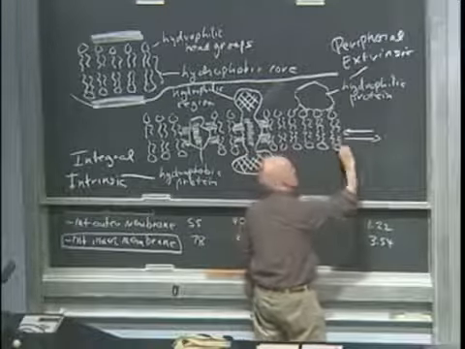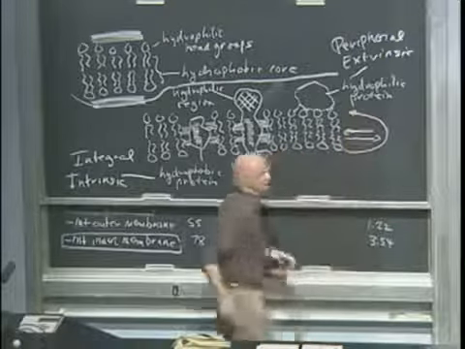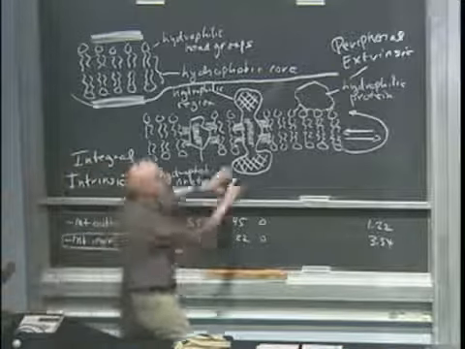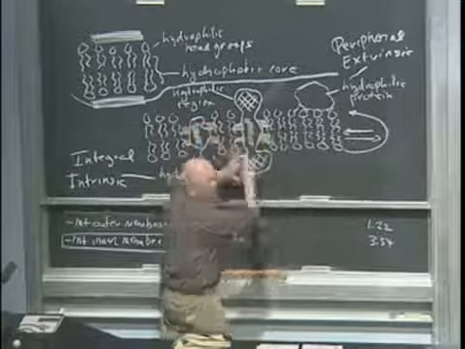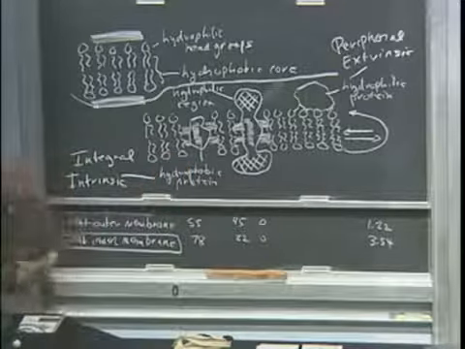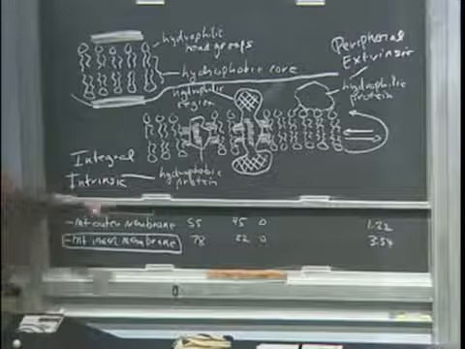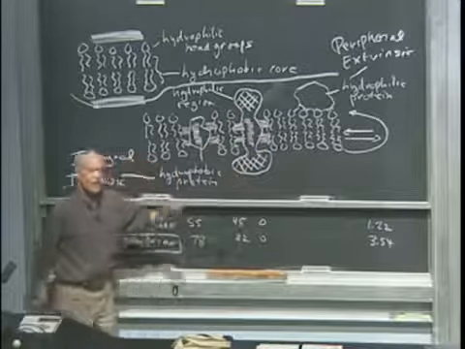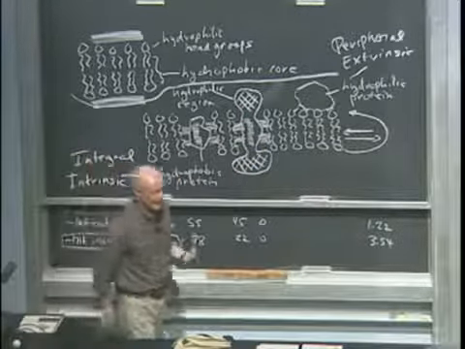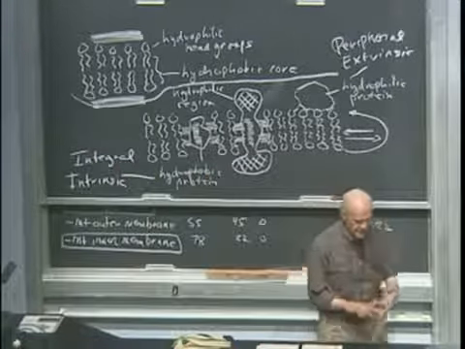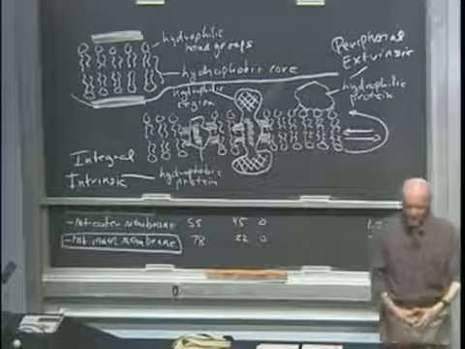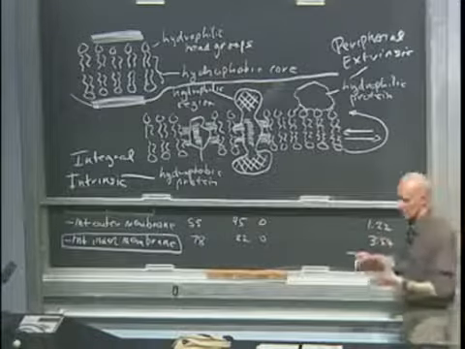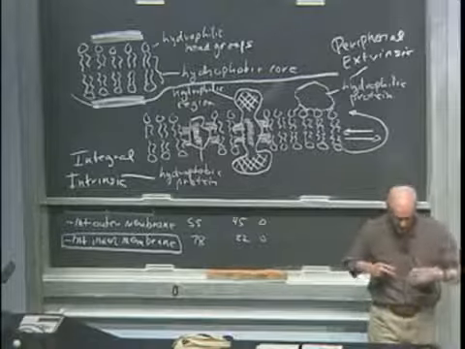They can't flip from one side of the membrane to the other because that is an energetically unfavorable process. But there is a motion in the membrane in this plane by both the lipids and the proteins. The proteins can also move, but since the proteins are larger, they're going to move less rapidly than the lipids. So there is a fluidity to the membrane. That fluidity can be altered by various components, factors that I'll talk about in a minute.